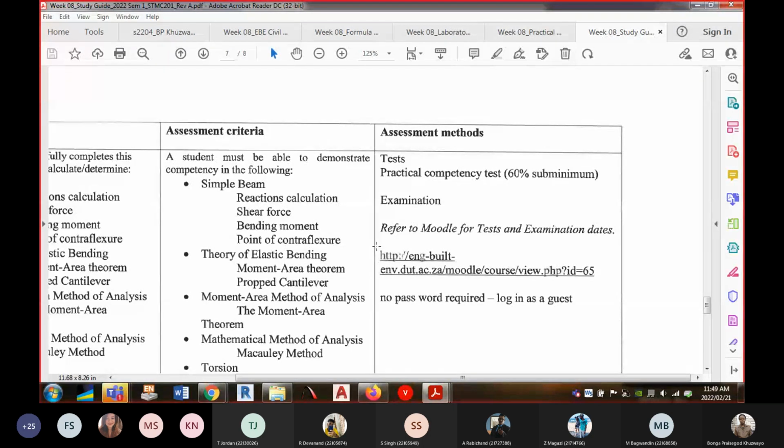It's basically the same thing I've uploaded on MS Teams. And you will see on MS Teams that there is a revision assignment that you need to complete on Thursday, because on Friday we're going to have a revision session, which is very important for the work we're going to do next week.